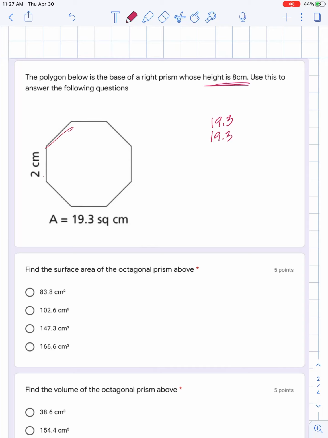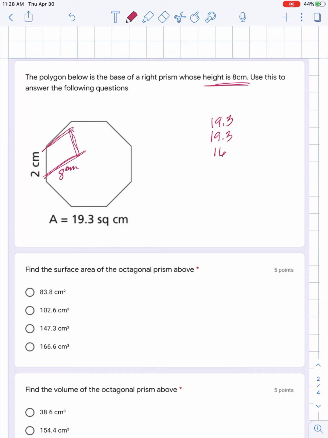So imagine that this was a wall. It's a scary, scary wall. If our height is 8 centimeters, we're going to find the area of that one wall by doing 2 times 8, which is 16, right?